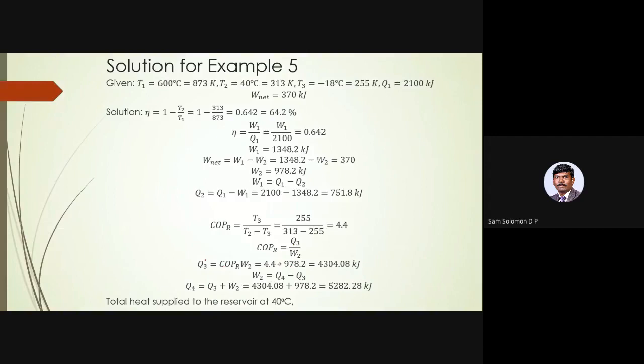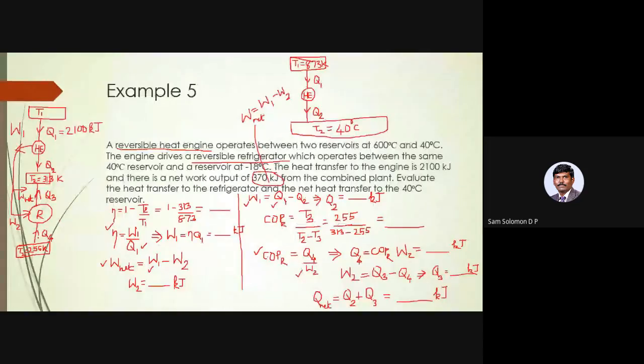We get the value of Q3. So actually what I have done here is, in the previous slide, I have taken this as Q3 and this as Q4. So please don't get confused.